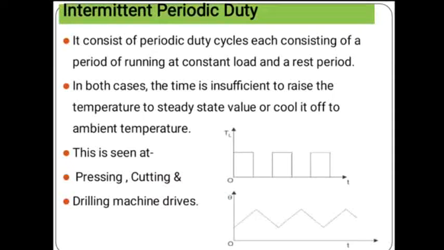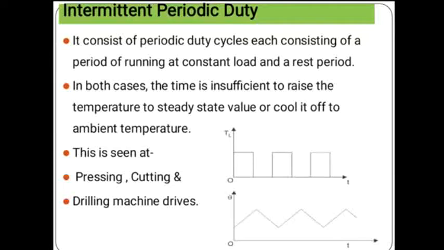Next is intermittent periodic duty. It consists of periodic duty cycles, each consisting of a period of running at constant load and a rest period.